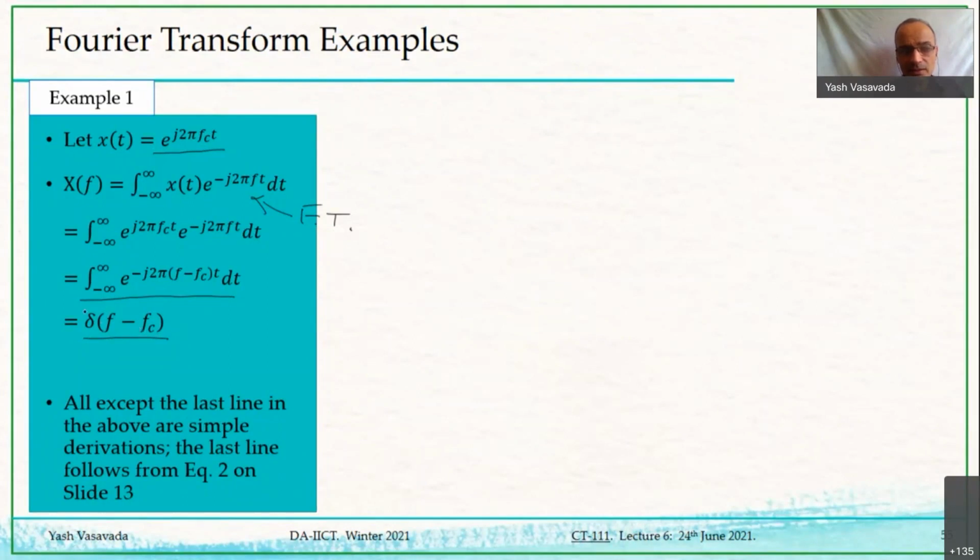Remember, this denotes the Dirac delta function located at f of c. This also we had done earlier. So no surprise here, because I have just one exponential. When I pass it through the Fourier transformer, that mathematical prism tells me that you have only one frequency and that frequency is located at f of c.